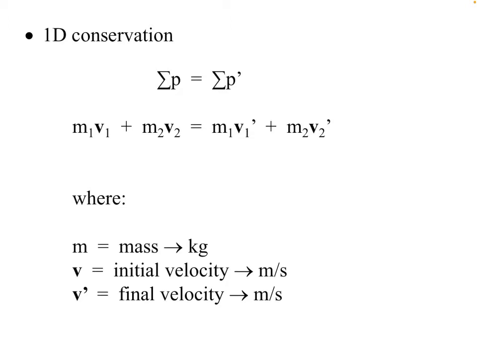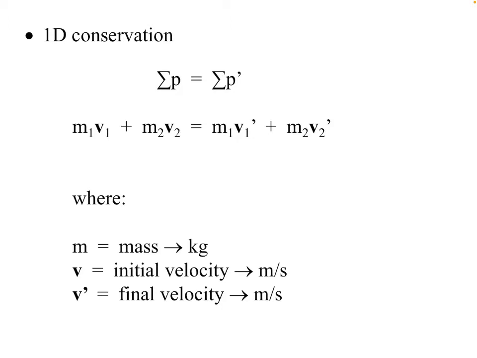You basically have the sum of all the momentums of the objects in the system. There could be object 1 and object 2, so you take their momentums beforehand and sum them, and then for objects 1 and 2 afterwards, you take their momentums and sum them as well, and those should be equal.